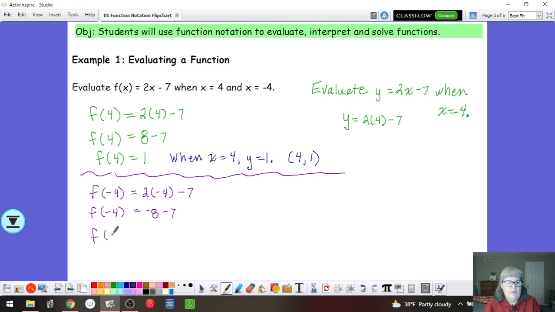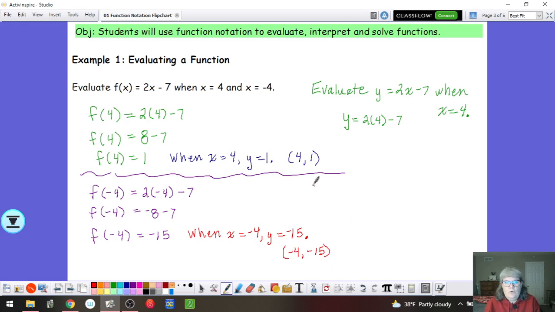That means f of negative 4 will equal negative 15. In other words, when x equals negative 4, y equals negative 15, or we have the ordered pair negative 4, negative 15.